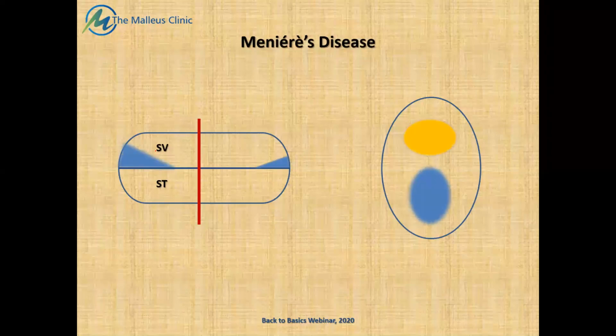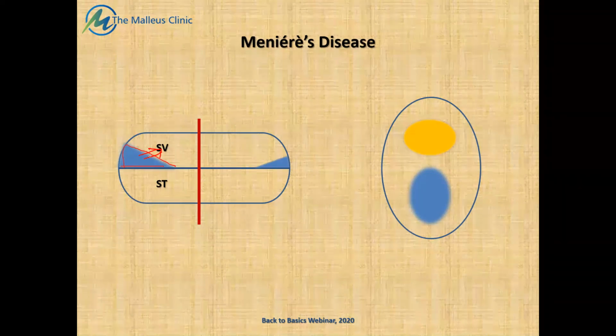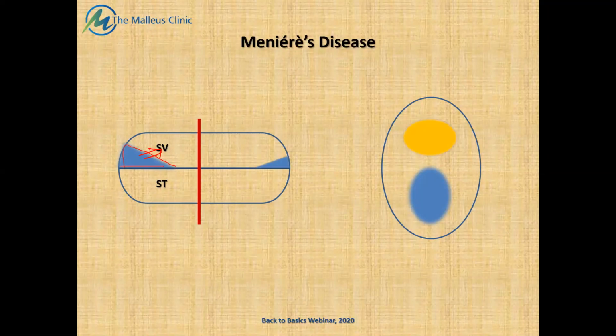Okay, the scala media becomes wider, volumetrically, as a result of which the osseous spiral lamina and the scala tympani are not affected, but the Reissner's membrane gets displaced, thereby eating up the space occupied by the scala vestibuli. So if the scala media is expanded, but still lesser than the area occupied by the scala vestibuli, it's grade 1.